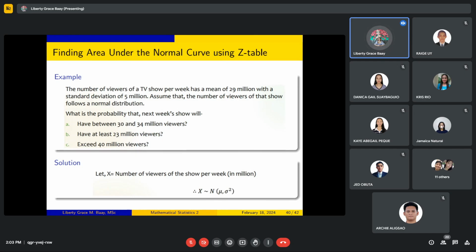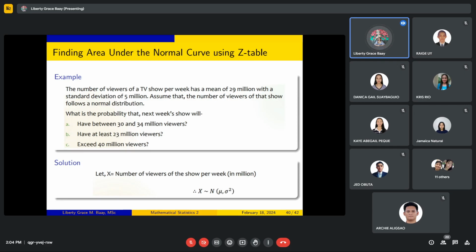Assume the number of viewers follows a normal distribution. What is the probability that next week's show will have between 30 and 35 million viewers, at least 23 million viewers, and lastly exceed 40 million viewers? How are you going to answer the following?